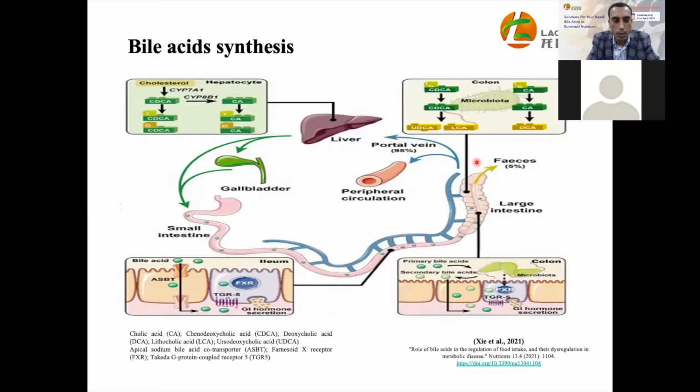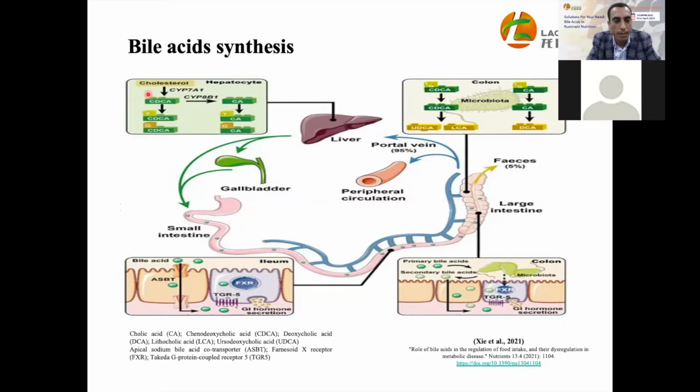If we talk about bile acid synthesis, it is a complicated compound sometimes. The first step is in the hepatocytes in the liver, from cholesterol, which is then converted to primary bile acid via 7-alpha hydroxylase.